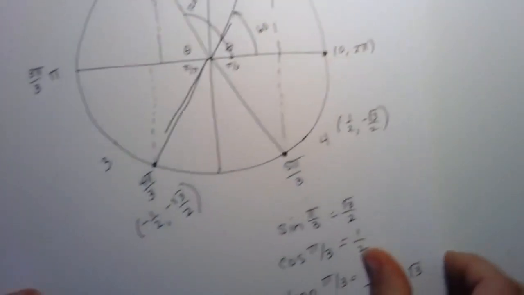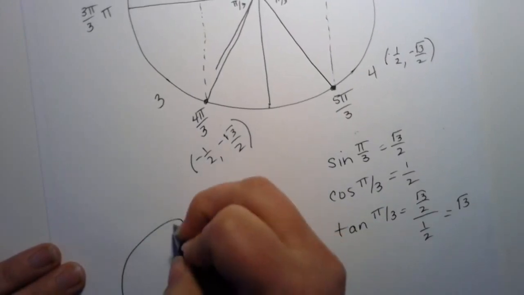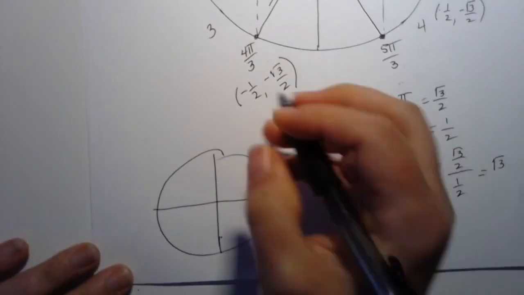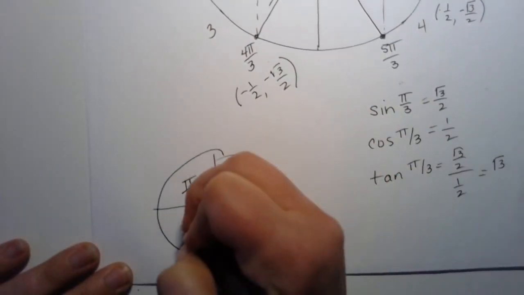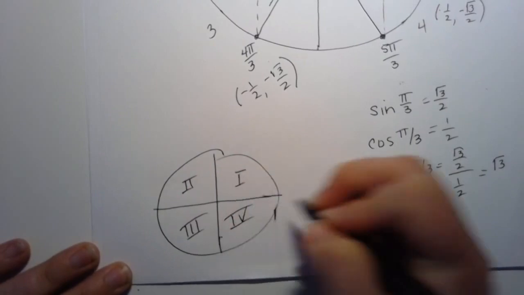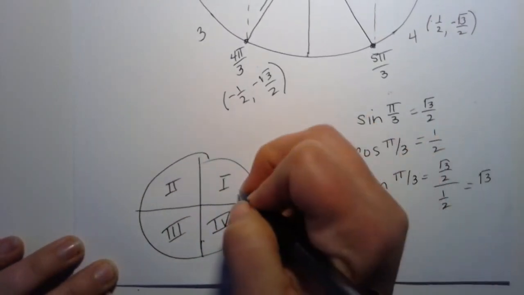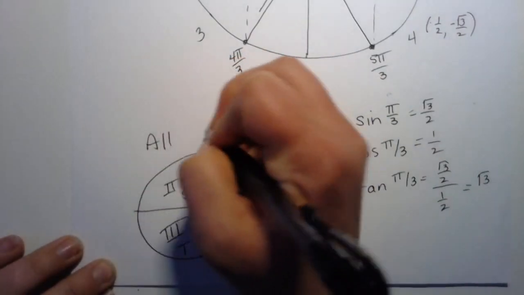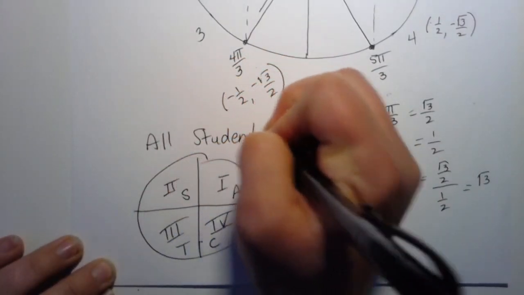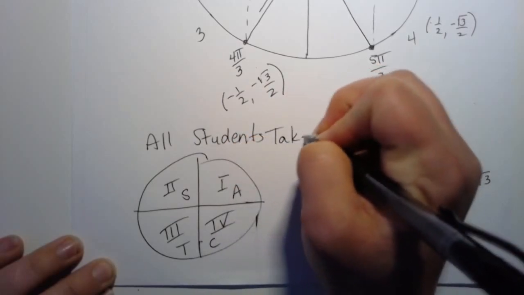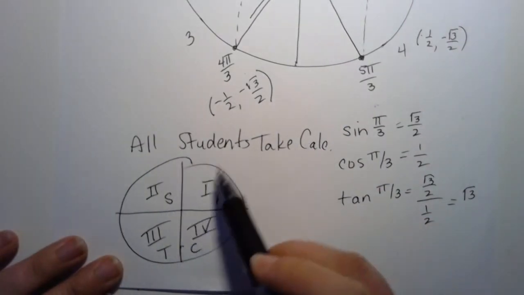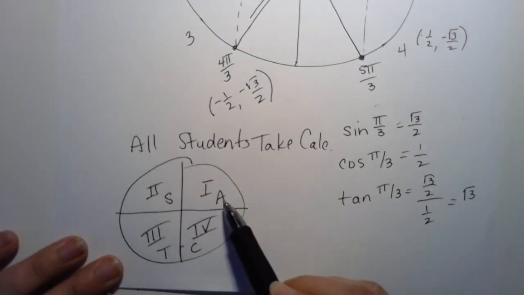So if we think of, let me just draw a little circle down here. Okay. So if I think of my quadrants here as 1, 2, 3, 4, then this one, I want to think of it as all students take calculus, okay? This is my moniker. If you have another one, use it. This is essentially what are positive in each quadrant. So in the first one, all trig values are positive.